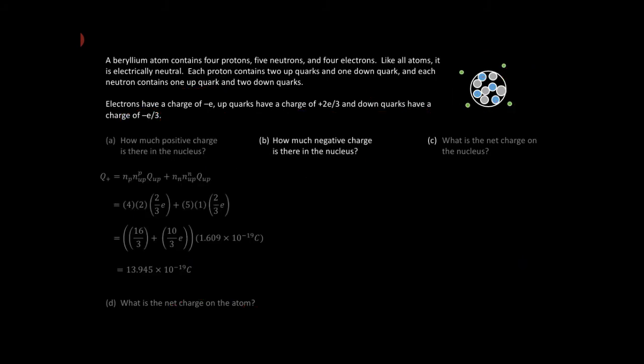Next, how much negative charge is there in the nucleus? This is the same idea, only instead of the number of up quarks, we have the number of down quarks, and we have the charge for the down quark. So that number flips, right?